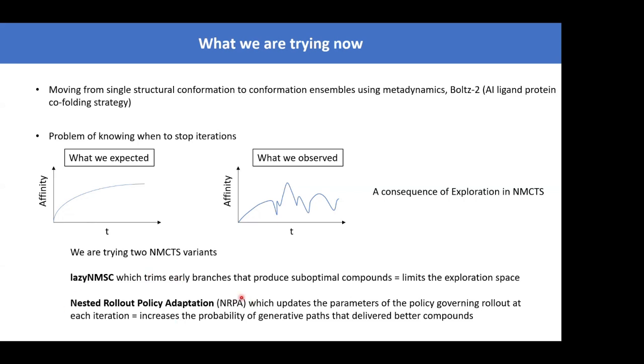Another strategy that we are trying is called nested rollout policy adaptation, which is where the policy of deciding what is a good affinity evolves with time. So we can start low, and then as we hit the first compound, let's say that is at -5, we can say from now on, ignore anything that is not better than -5. And then adapt this policy as we go from one cycle to the next. And so these are two variants that we're currently trying.